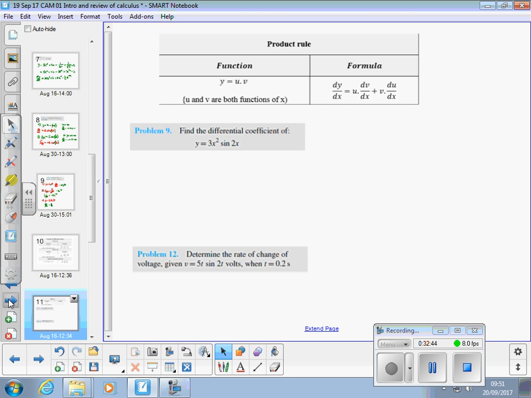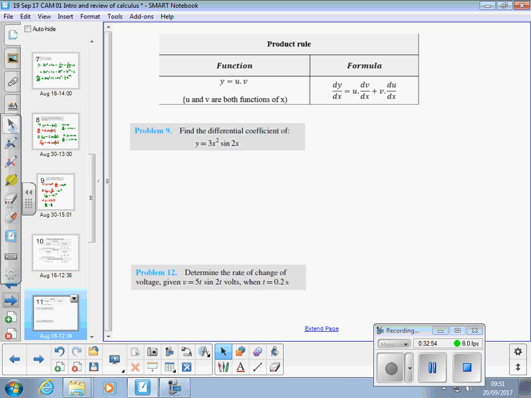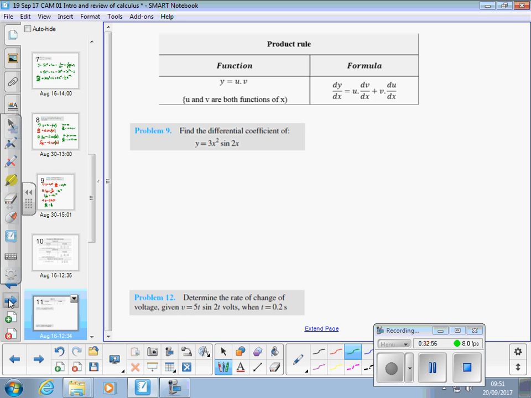Product rule. I'm going to start off with finding the differential coefficient of the function 3x squared times sine 2x. So that's a function of x, 3x squared.